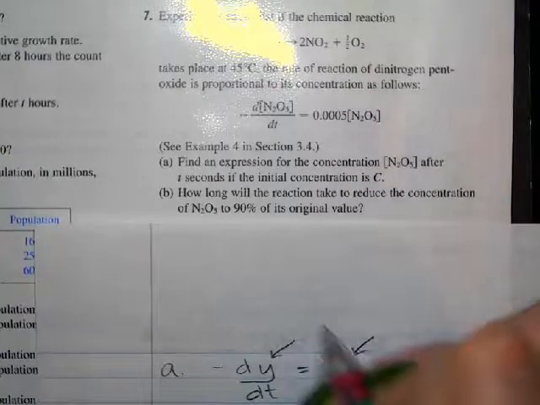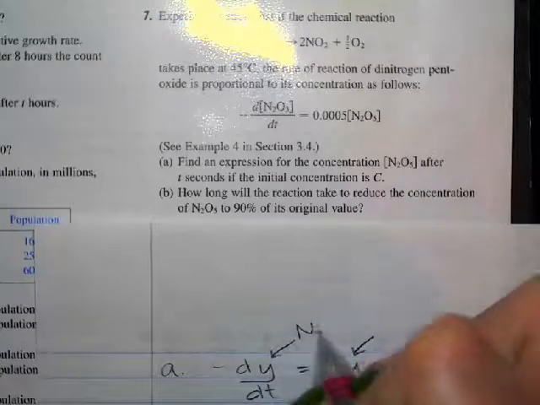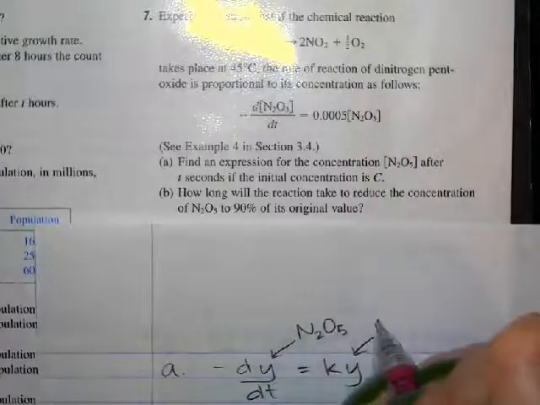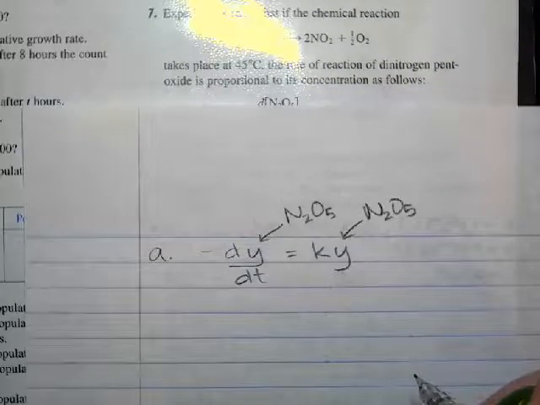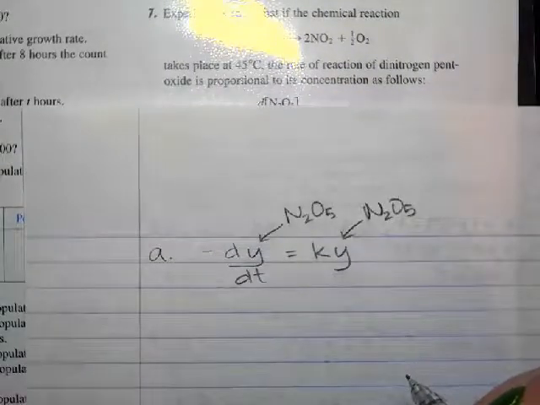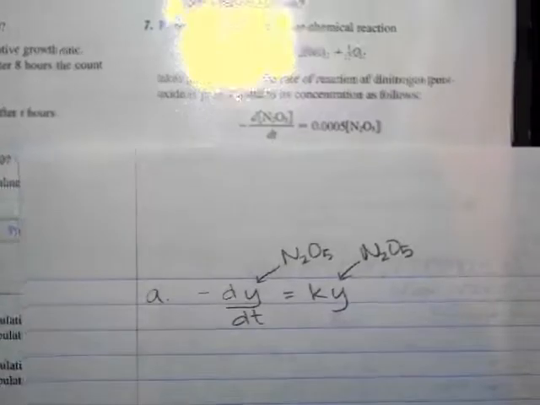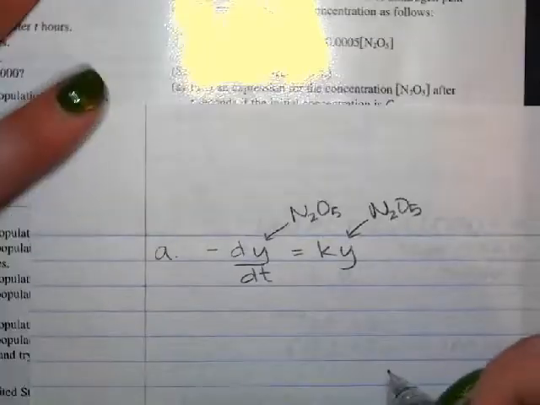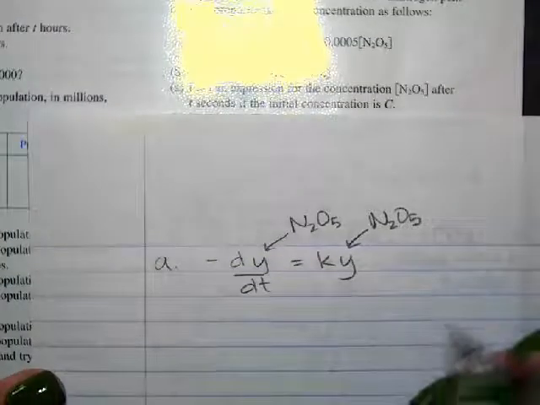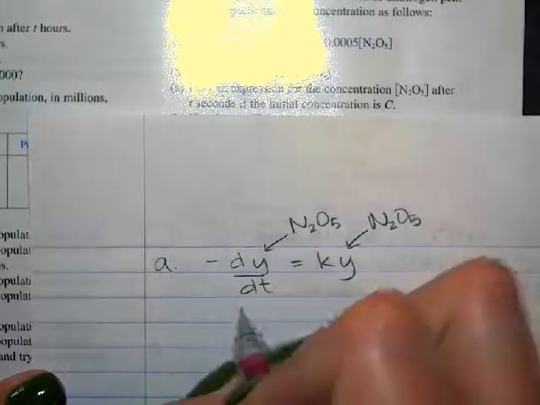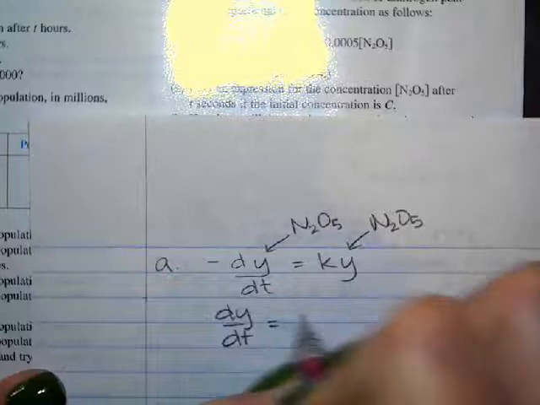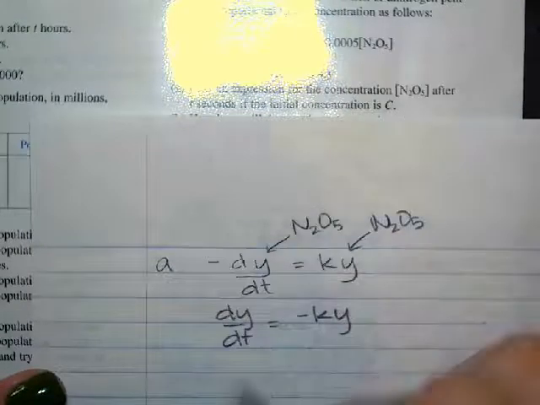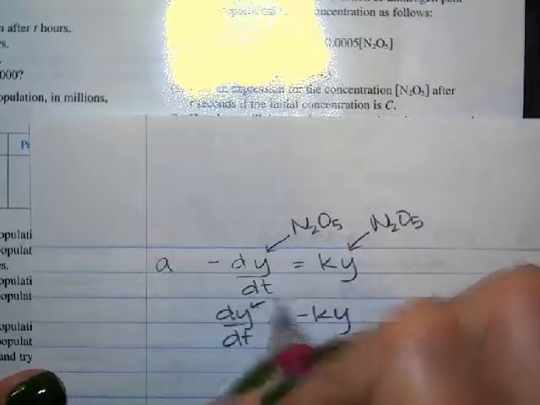So that's what the y's are in this problem, is the N2O5. So dy dt equals negative ky. And so the y is the N2O5. The k is the 0.0005.